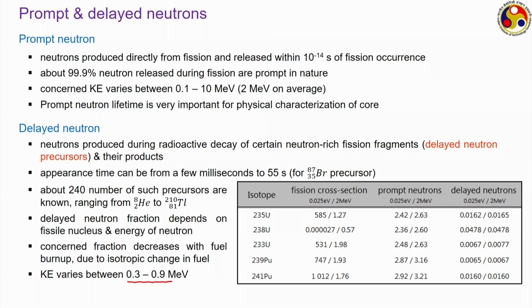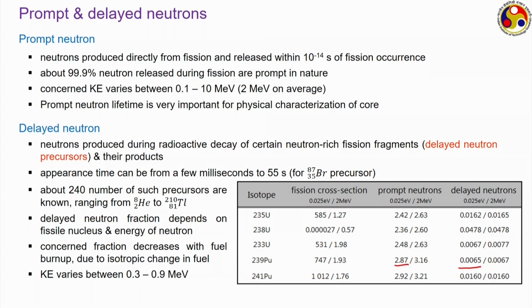Prompt neutrons have a very important role in the physical characterization of the core, but for delayed neutrons, the question definitely comes to your mind: while it is such a small fraction, less than 0.1%, sometimes even lesser, like we can compare these numbers, 2.87 and 0.0065, why do we at all need to bother about the delayed neutrons?